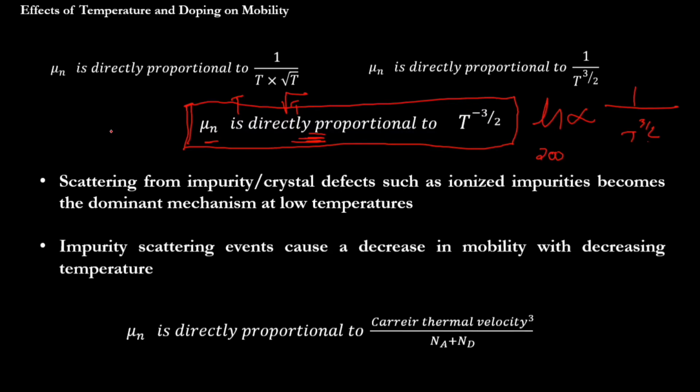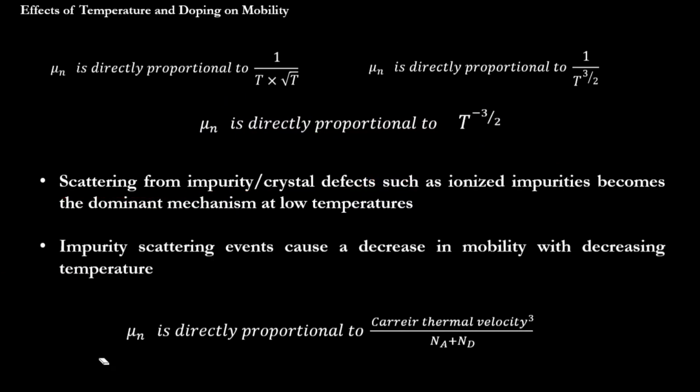So lattice scattering happens at high temperature, but impurity scattering happens at low temperature, because impurity will be available after doping. The moment the carrier starts moving inside the semiconductor, once it meets the impurity, it collides. So it happens at low temperature also. Scattering from crystal defects such as ionized impurities becomes the dominant mechanism at low temperature.